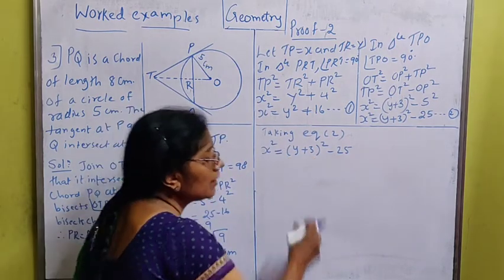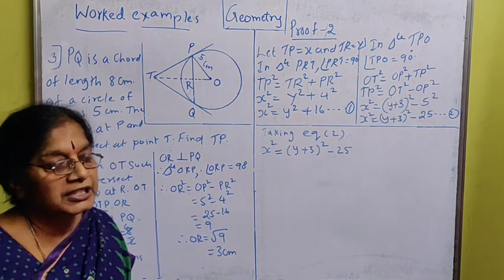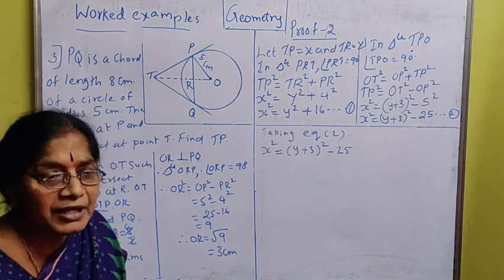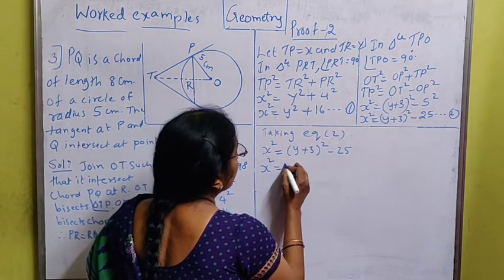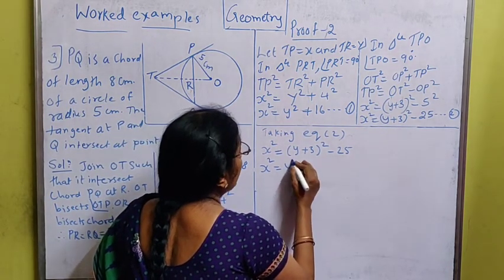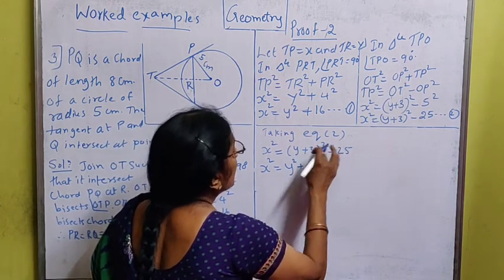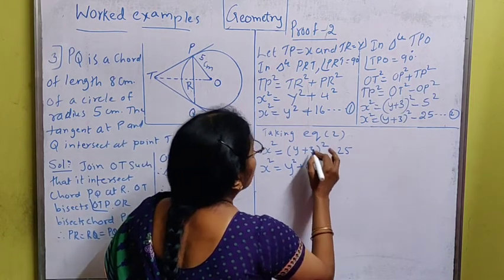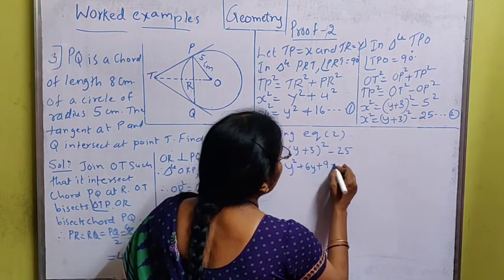Y plus 3 the whole square, you expand it in the form of a plus b the whole square. What is a plus b the whole square? a square plus 2ab plus b square. So I am going to expand in that way. X square is equal to a square; in place of a, Y will come, so Y square plus 2ab, 2 into Y into 3, that means 6Y, plus b square. b is 3, 3 square means 9.